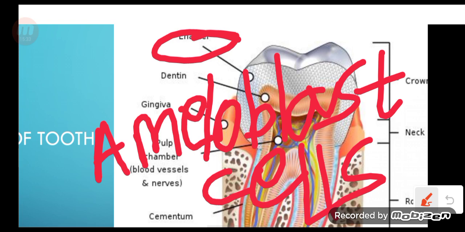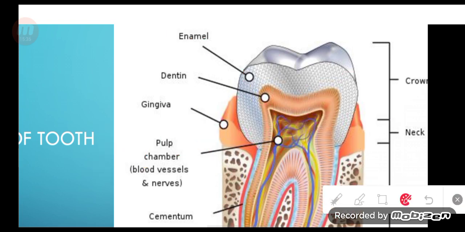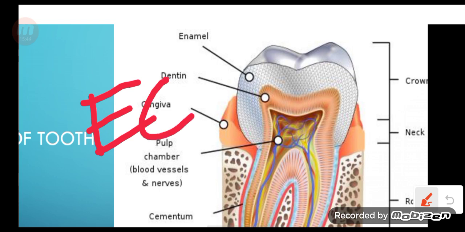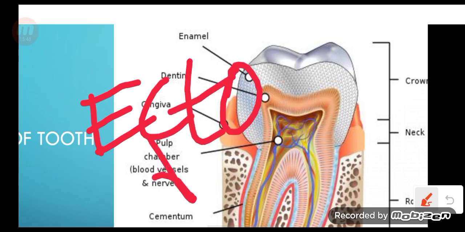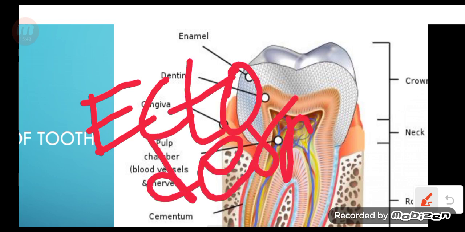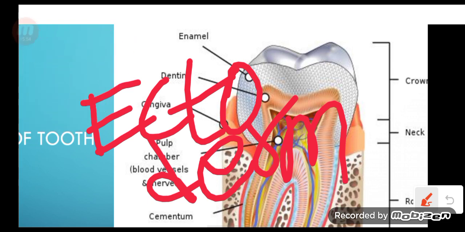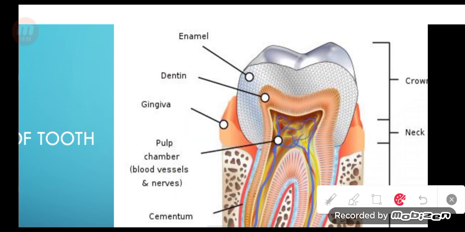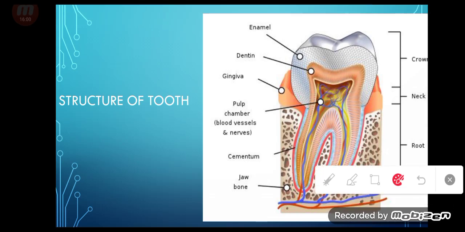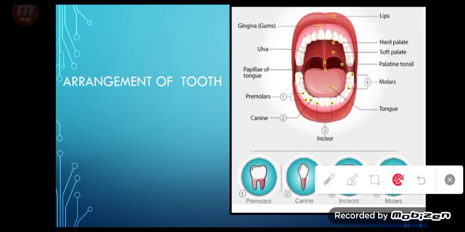In a NEET previous year paper, they asked about the origin of ameloblast cells. So the origin is ectodermal, or ectoderm. So these are ectodermal in origin. Now let's move on to the next slide.